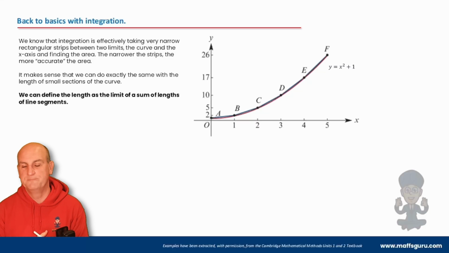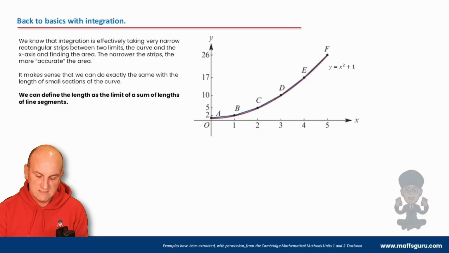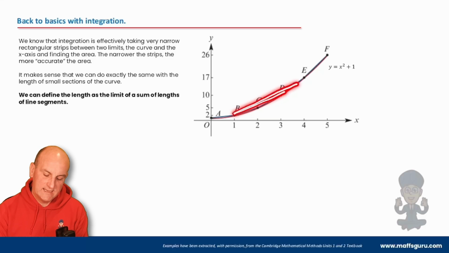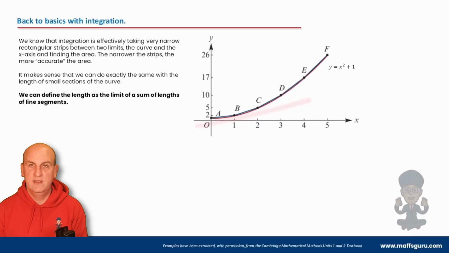Right, let's look at this. Do you remember when we did differentiation from first principles, we took a curve and drew lines between two points, and they get successively smaller and smaller, until we eventually end up finding the gradient of the tangent at a point.